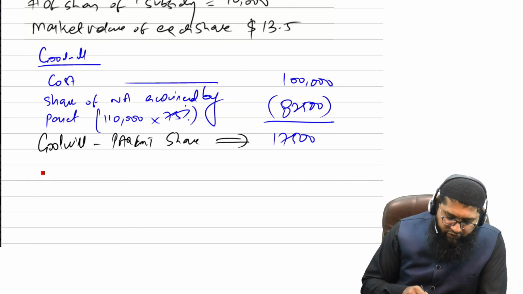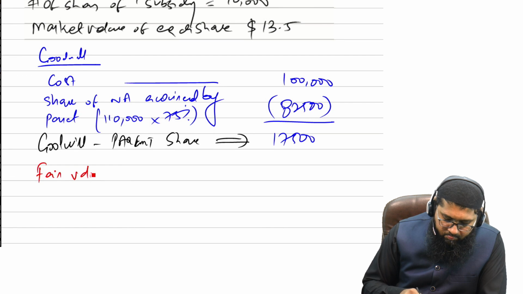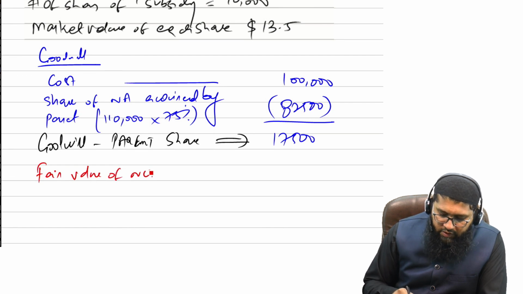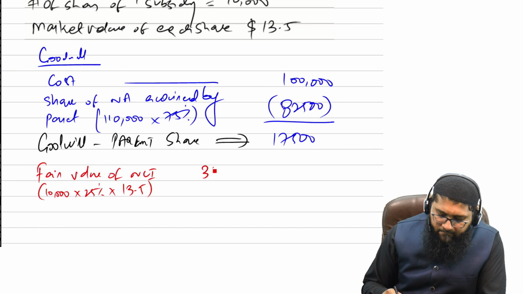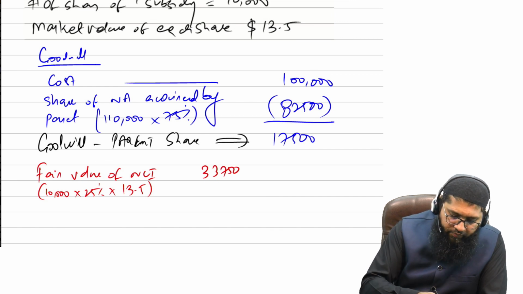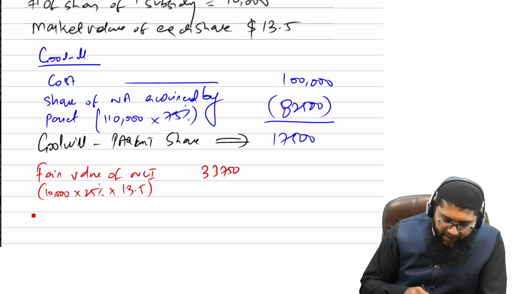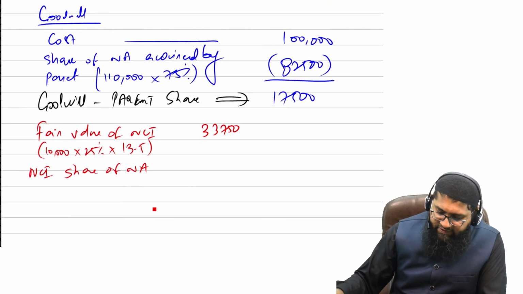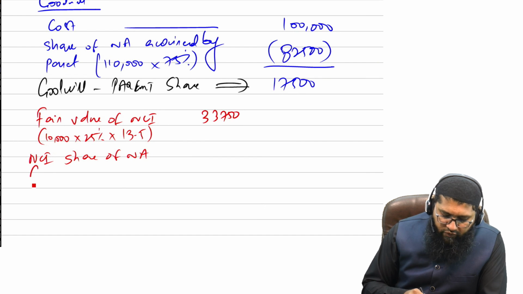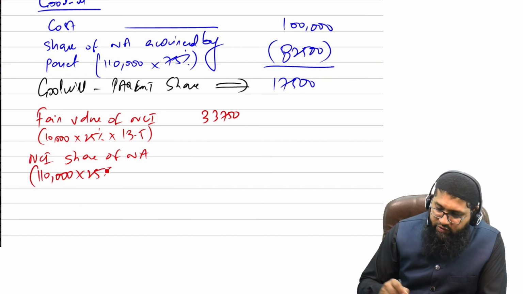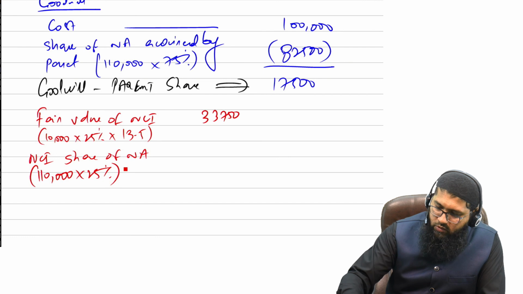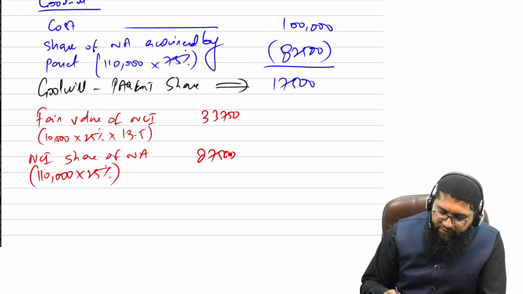Then what happens is that you say fair value of NCI, which we already know, 10,000 shares into 25 into 13.5, 33,750. Then we say NCI share of net assets. So of the 110,000, 25% belongs to NCI. Gives you 27,500, right?